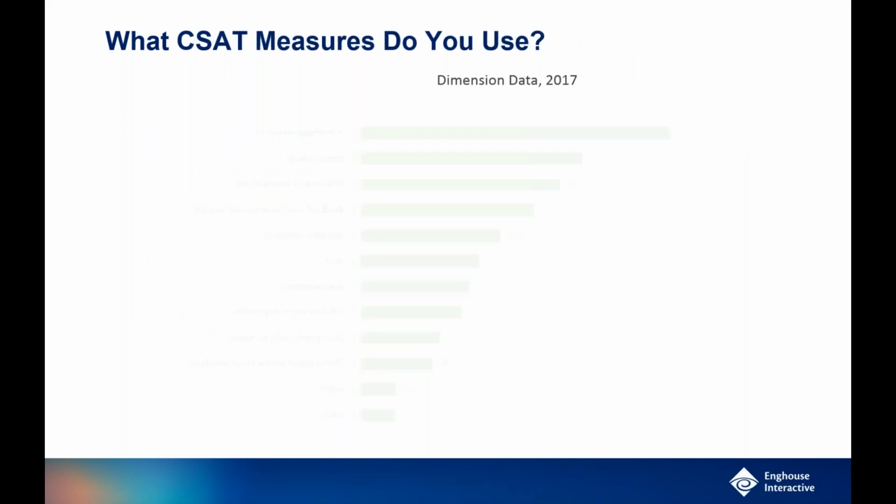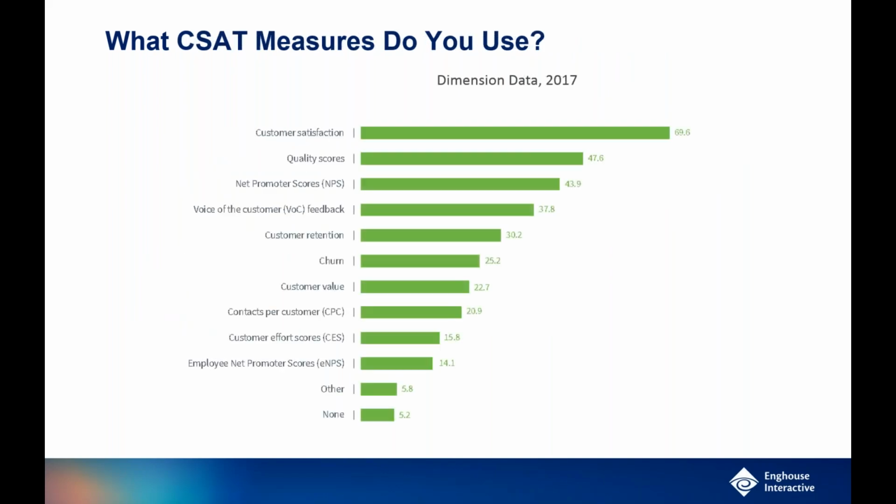Go ahead and click. And then on the same kind of vein, Dimension Data asked, okay, given that you use these different techniques for measuring quality, what actual metrics are you using? And a straight ahead metric for customer satisfaction level, scale of 1 to 5, scale of 1 to 10, whatever that might be, is used most often.